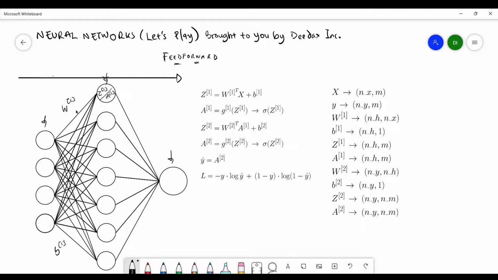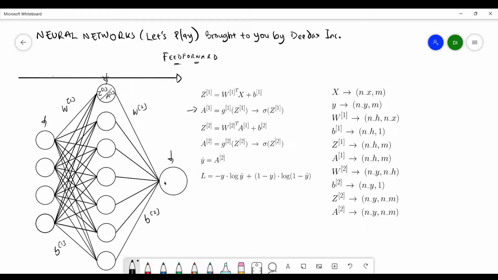Anything for the first layer would have a 1, and anything that happens in the second layer would have a 2 right here. At this point we're at A1, which is just an activation function applied to Z1. The same thing happens again, but this time with A1 as our input, W2 as our weight matrix and B2 as our bias matrix.